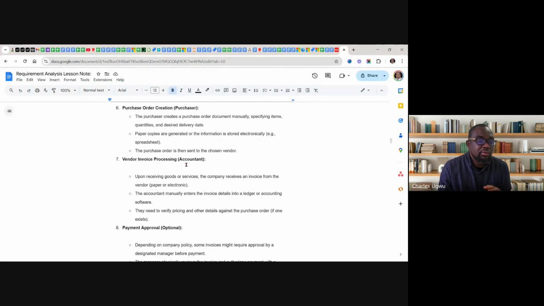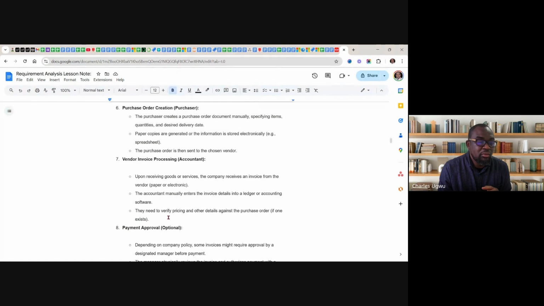Okay, now the accountant again. Upon receiving goods and services, the company receives an invoice from the vendor, on paper or electronically. The accountant manually enters the invoice details into the ledger or accounting software.